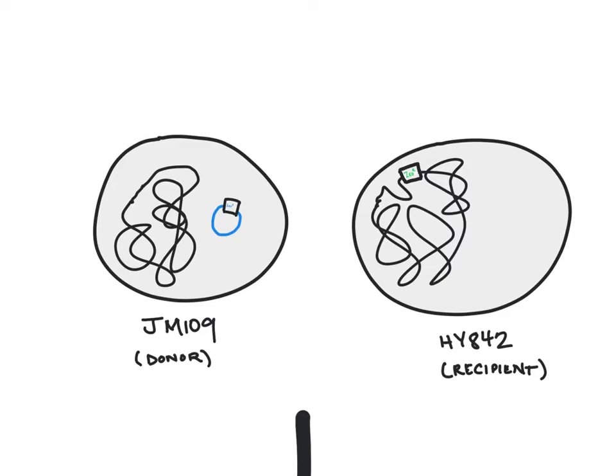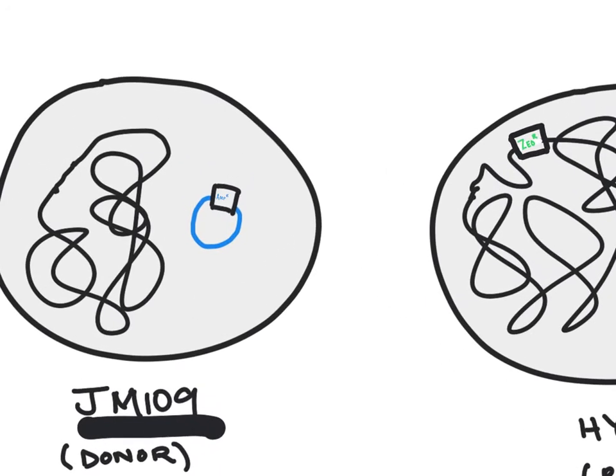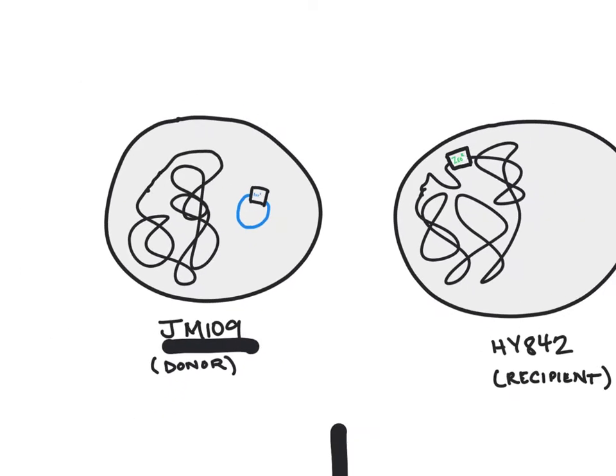What we're looking for is whether or not conjugation took place between these two bacteria, and the way we're going to do that is by plating them on plates that have a particular antibiotic. So what we're really trying to assess is the ability of JM109: is it going to be able to transfer the plasmid, as shown here, the ampicillin resistance plasmid, to HY842?